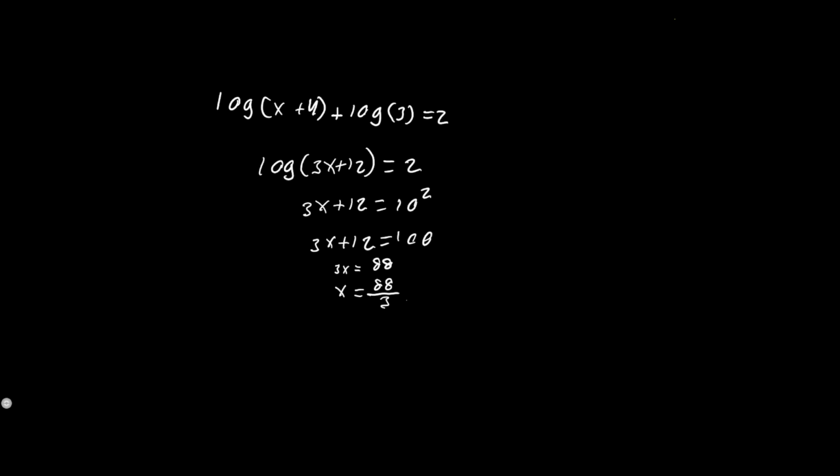So we're going to go ahead and see if that indeed gives us a solution. So let's go ahead and just verify that it indeed gives us a solution, which we're going to see. So we have 88 times 3, which is just 88, plus 12 gives us log of 100, which is the same thing as 2.